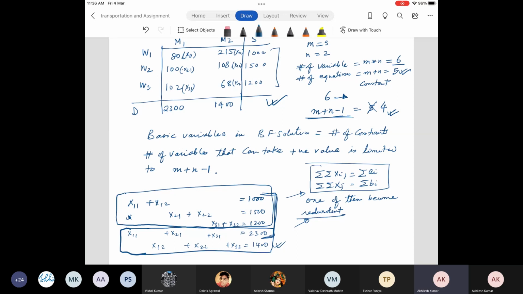That is the reason you have one less constraint. So whenever you are solving this problem, keep in mind that only m plus n minus 1 variables or cells will have positive value. The rest of them will be not assigned. This is a kind of sanity check. If you are assigning more than this much, that means you are making a mistake.